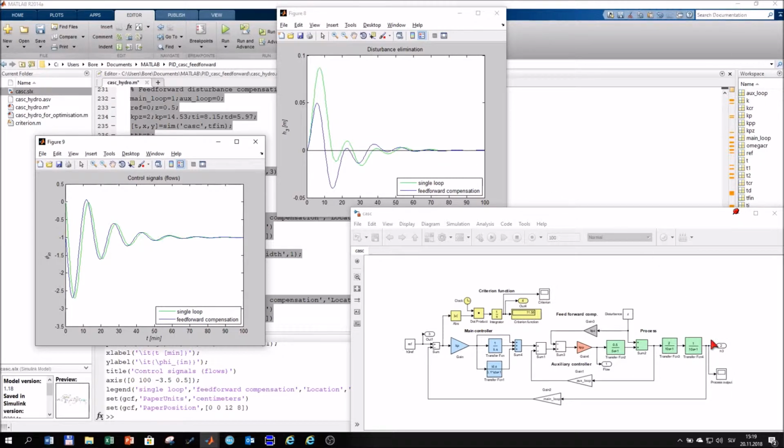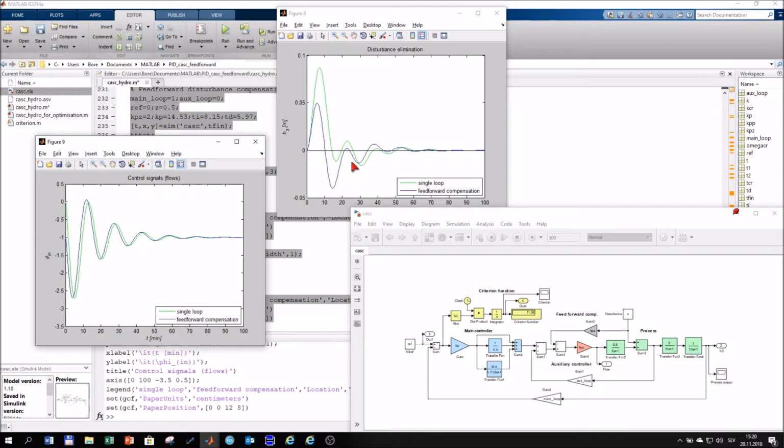This is the controlled variable, the level in the third tank, and with the green color we obtained the single loop control, and with the blue curve we obtained the results with feed-forward compensation. And of course, we can observe that the behavior is much better.